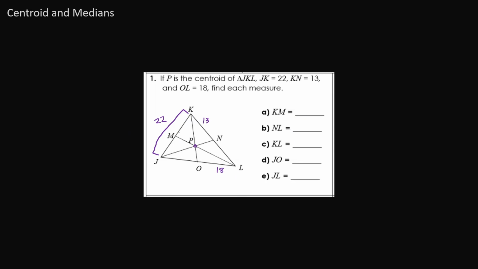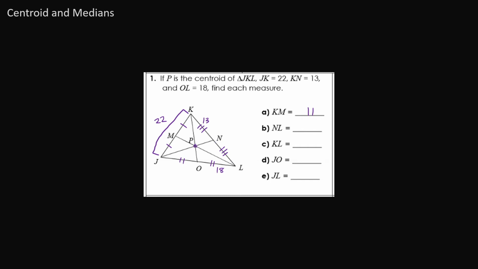To find KM, we need to know that, of course, with medians, each side of this triangle has been cut into two congruent parts, which means that if all of JK is 22, KM is going to be half of that. So half of 22 would be 11.